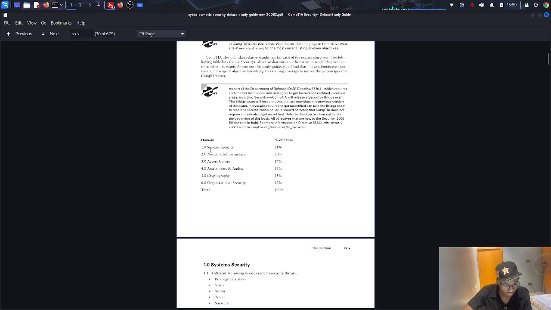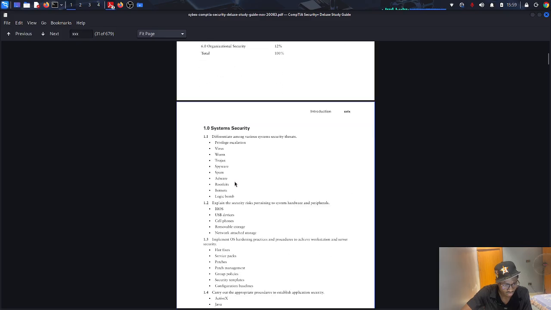So the domains: system security 21%, network infrastructure 20%, access control, assessment and audit, cryptography, organizational security. System security: differentiate among various system security threats, privilege escalation, virus, worm, trojan, spyware, spam, hardware, rootkit, botnet, logic bomb.